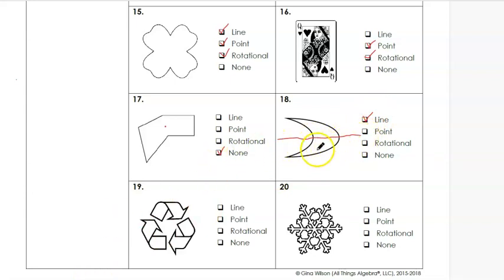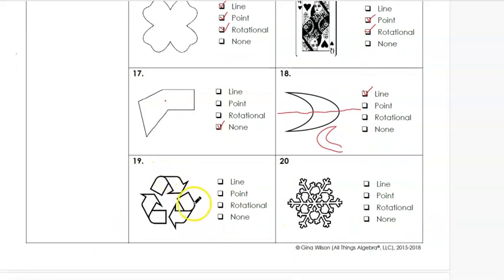For point symmetry, if I turn this 180 degrees, it's basically just going to open up in the other direction. So that's not the same thing. And then rotational symmetry: there's no way to turn it incrementally less than 360 degrees and map this original figure to itself. So number 18 would only have line symmetry.